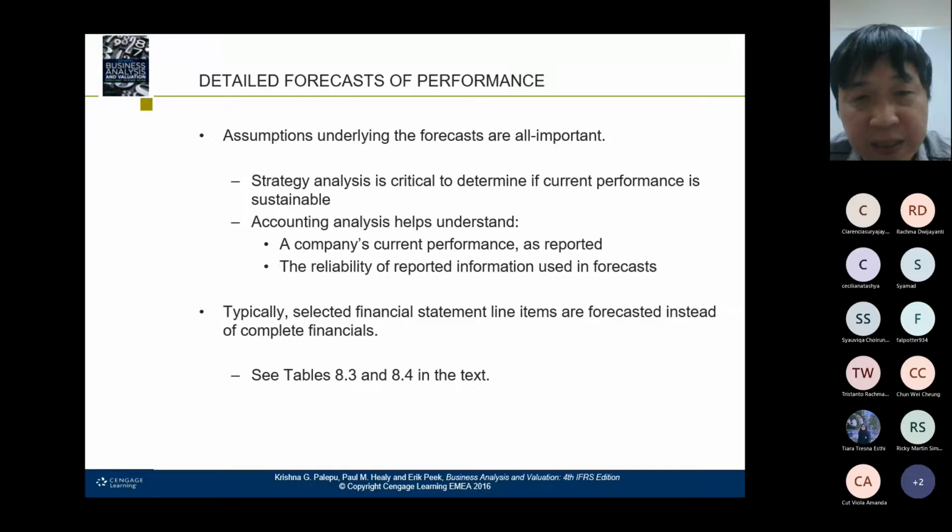Accounting analysis helps understand a company's current performance as reported, and the reliability of reported information used in the forecast. Typically, selected financial statement line items are forecasted instead of complete financials.